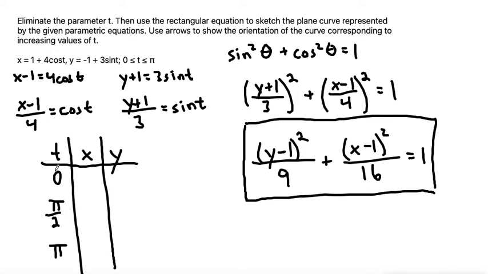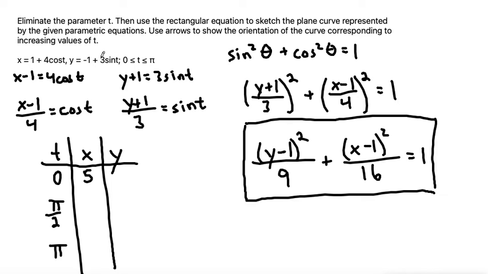If we plug in 0 for our x equation, the cosine of 0 is 1. So I would make 1 times 4, which is 4, plus 1 makes 5. So when t is 0, x is 5. Then if we plug t equals 0 into our y equation, sine of 0 is 0.